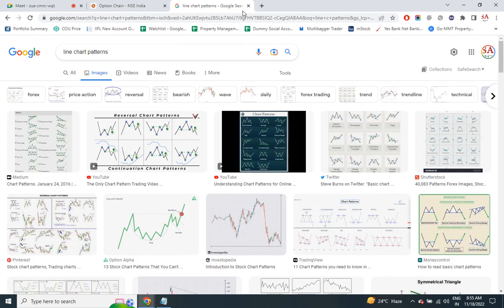So a line chart will only connect the dots of the closing price. But what happened during the day will not give you that information. For example, let's say Nifty opened at 18,300 today. But there was sudden good news that our tax collection data has been really good, and Nifty moves up by 200 points to 18,500. Later bad news comes that Russia has attacked Poland with a missile.